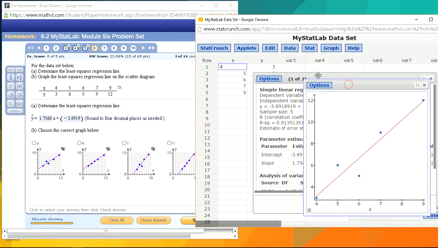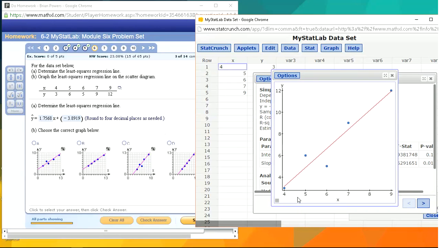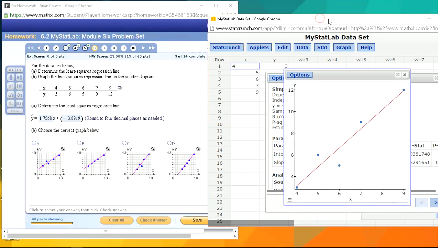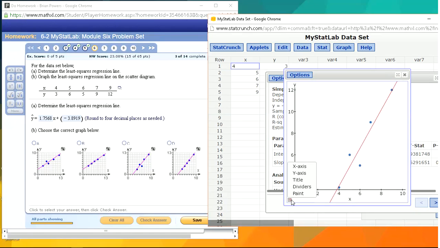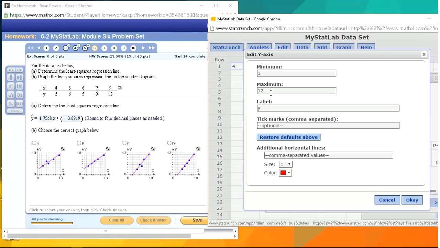Okay, this is great. So this compared to what we have. Now so that we can see it better, I'm going to match up the axes. I'm going to go from 0 to 10 on my x-axis, and on the y-axis I'm going to go from 0 to 13.